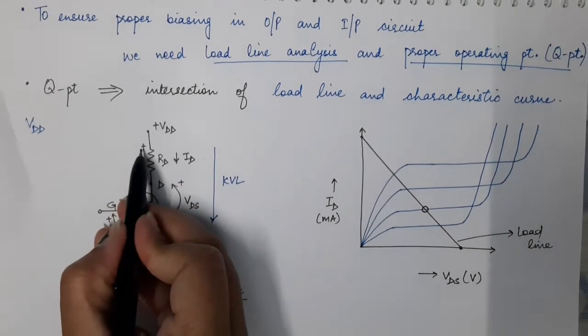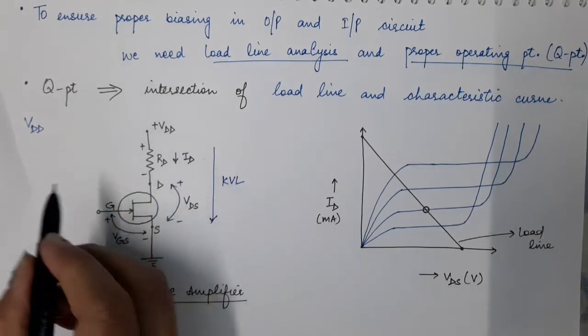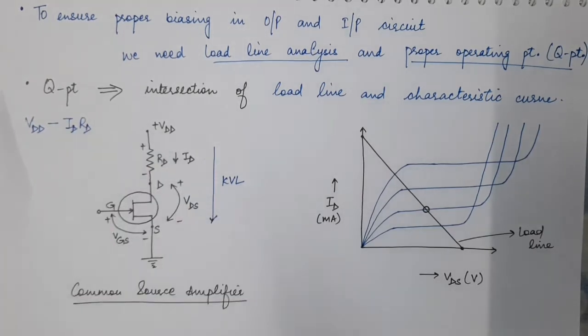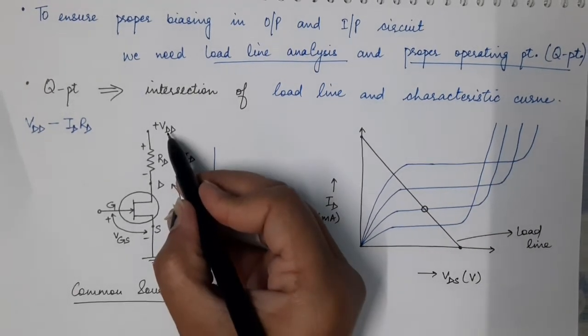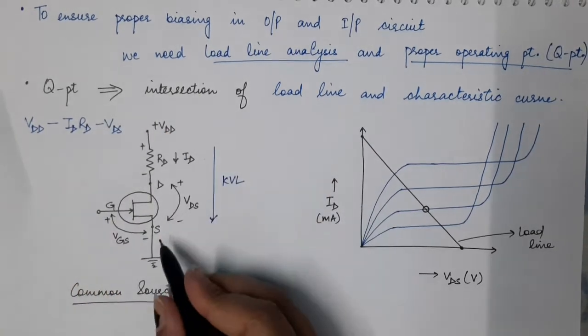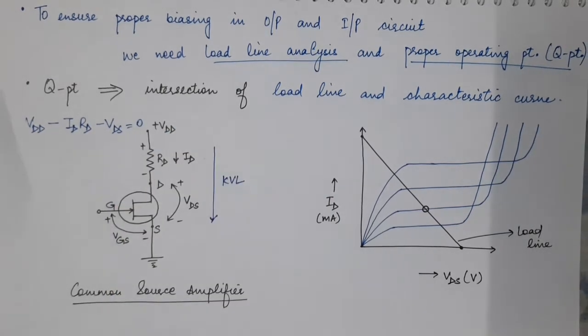Then this end is positive, it is not alternate with respect to this VDD, so it will be a negative voltage drop across RD, which is IDRD. Again, the voltage VDS, this end is positive, so again we will have minus VDS. Then the voltage across the source is 0, so it is equal to 0.